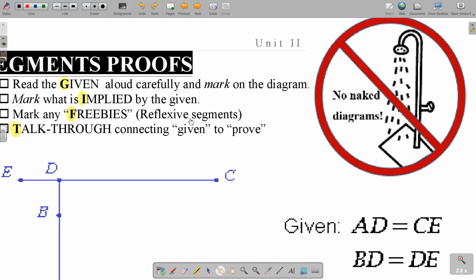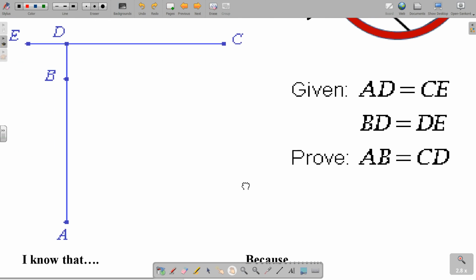An example of a freebie would be a reflexive segment. We're going to talk through, connecting the given to the prove. Given, implied, freebies, talk through. This little symbol here means no naked diagrams. Your diagrams must be dressed up. Let me show you what I mean.